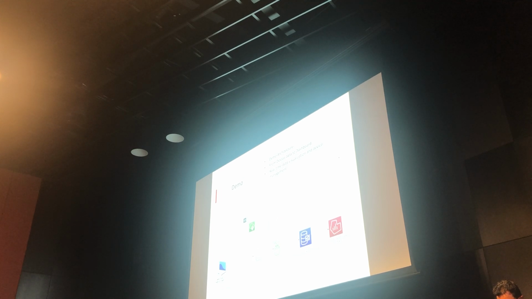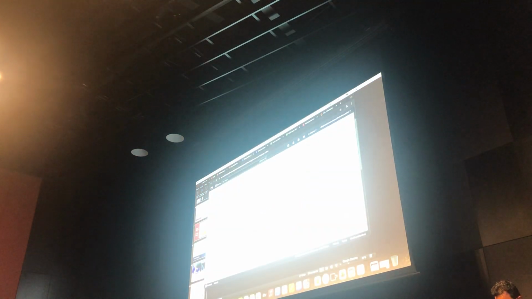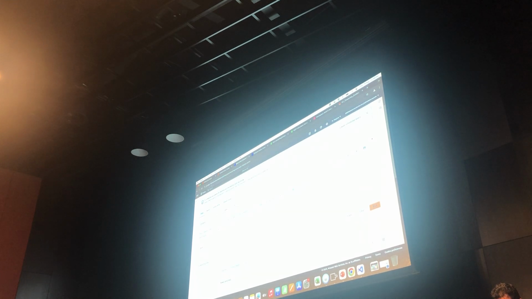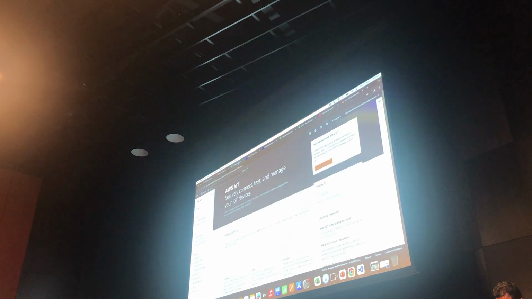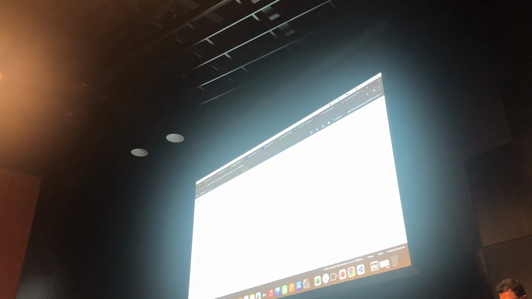Cool. So I'll share this with you guys. In the architecture, as I said, we have IoT Core and devices. I have already configured this for the demo.